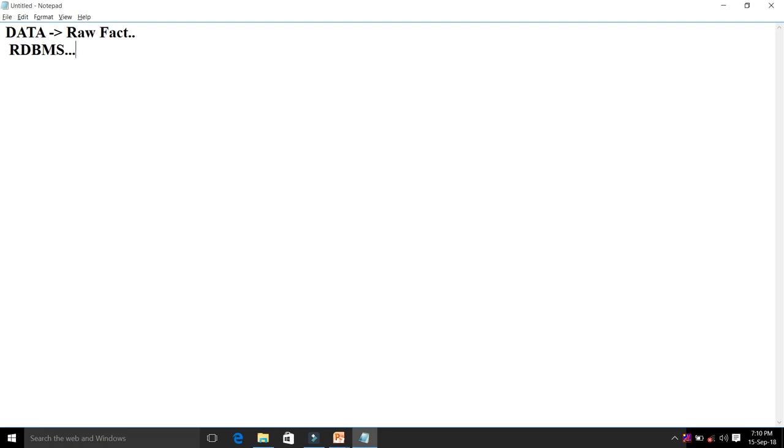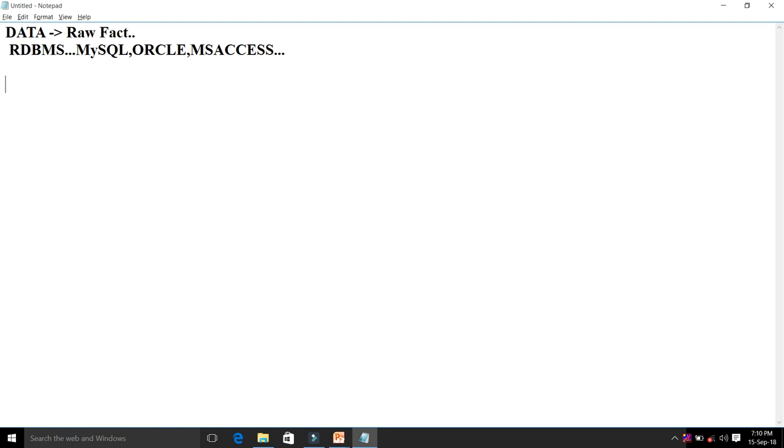Which tools do we normally use? MySQL, then Oracle, then MS Access. These are the kinds of tools we normally use for storing data. This term is very important: RDBMS, that is, relational database management system.